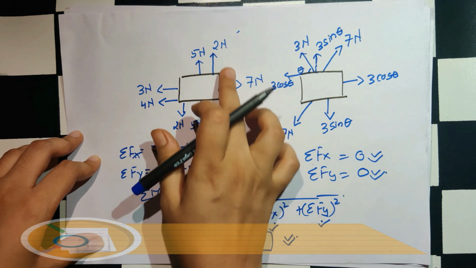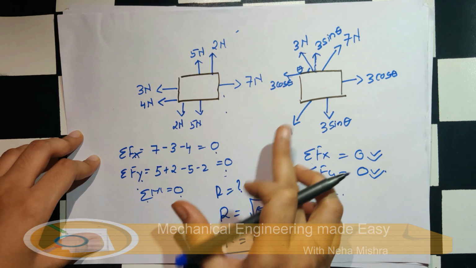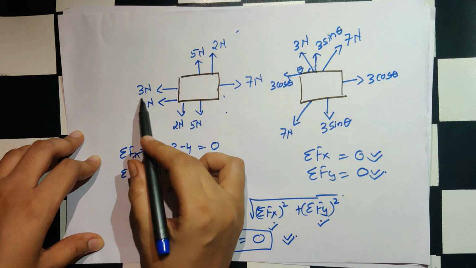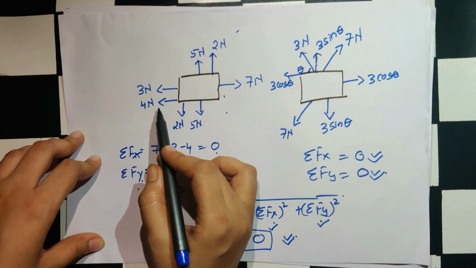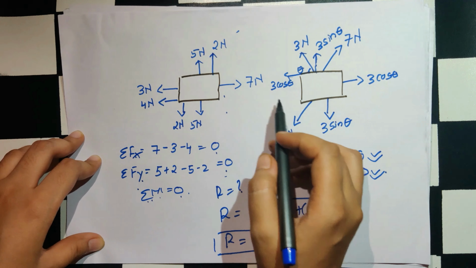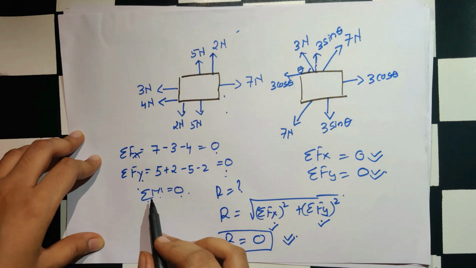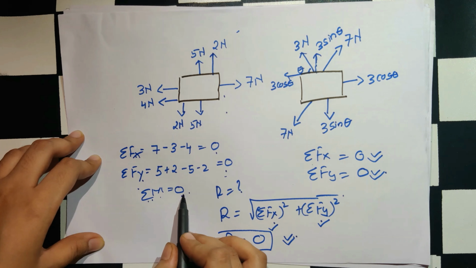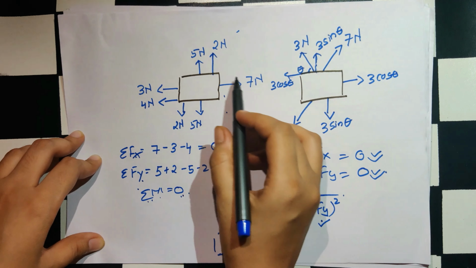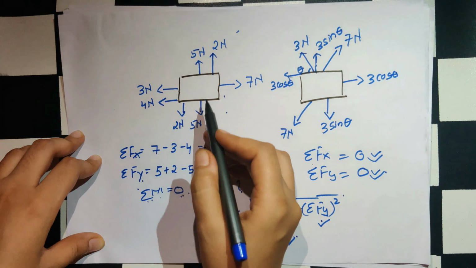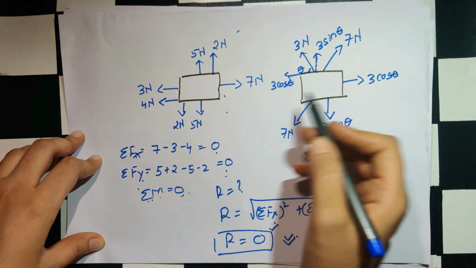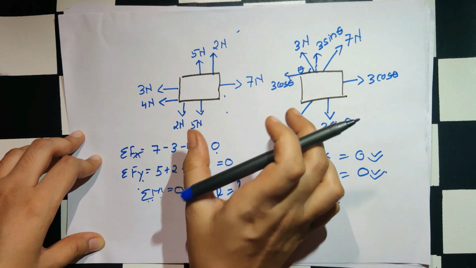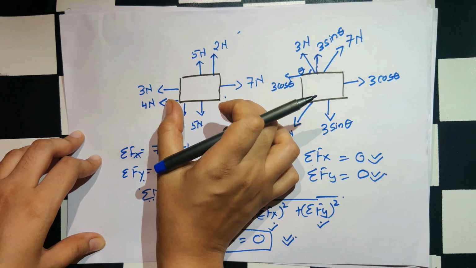Not moving means not rotating in any direction. Hence the summation of the moment is 0. Now because of this force you may get some moment, but because of the combination of all the forces, the total moment is coming to be 0. Okay? So this block is neither moving in any direction, left, right, upward or downwards, nor is it rotating. Hence it is in equilibrium condition.